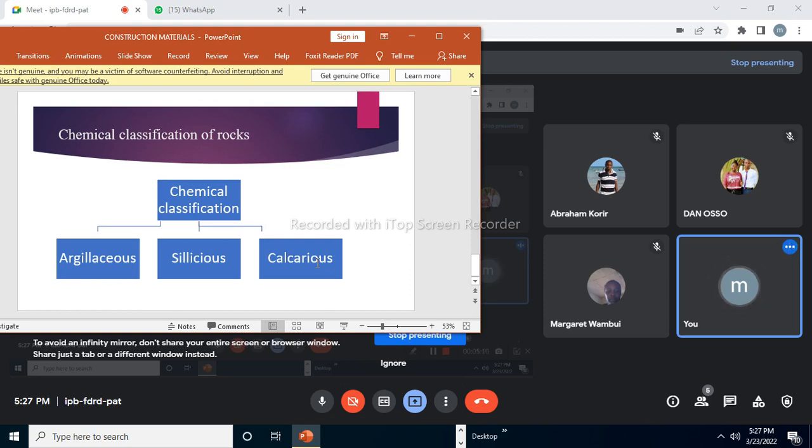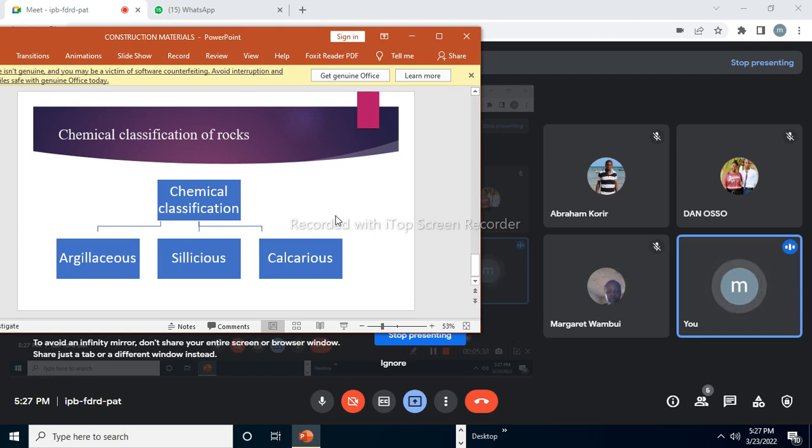Every one of them has a different composition. For example, you will see from our future discussions that siliceous rocks contain a lot of silica.